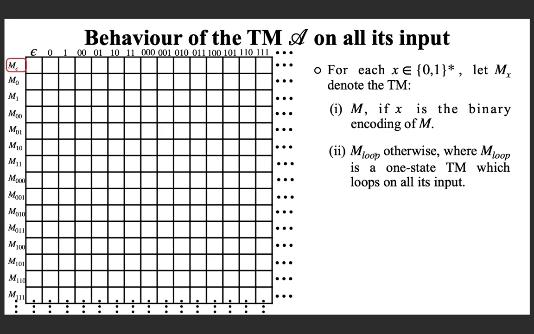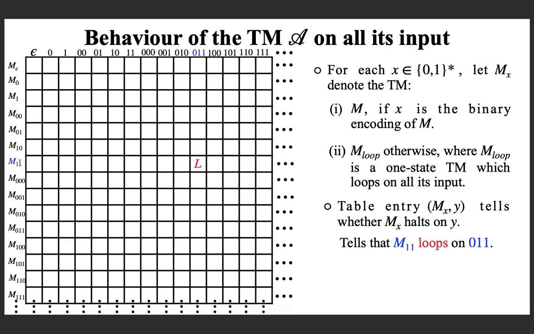So without loss of generality, assume that every row here represents a binary string which is an encoding of a Turing machine. In general, that is not true, but you can then consider that as a Turing machine which loops on all inputs. Now, what is a table entry? It is for an Mx and a binary string y. For example, here Mx is M11, so x is 11 and y is 011.